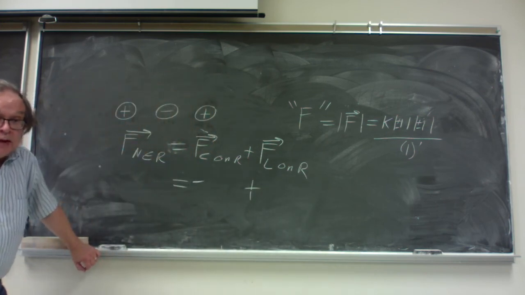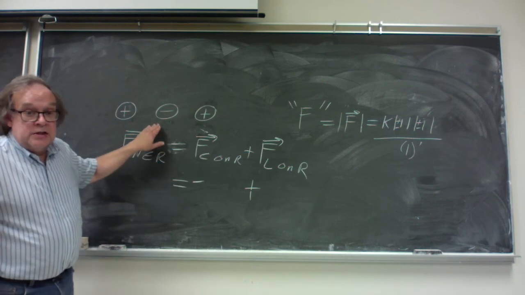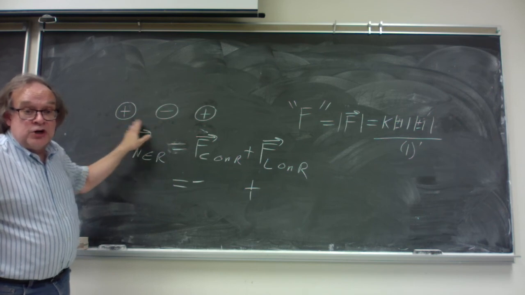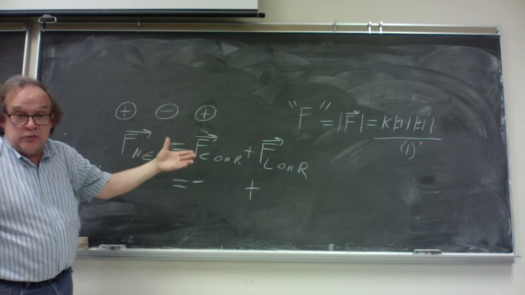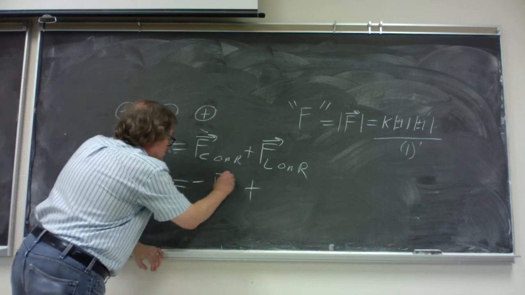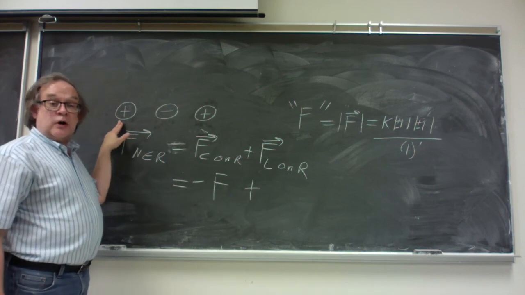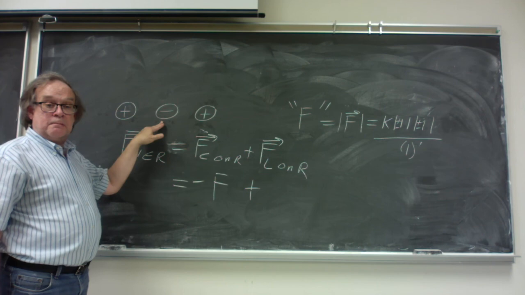And now what about magnitudes? Just like in the previous case, this is 1 unit of charge acting on 1 unit of charge 1 step away. That's the amount of force that we call F. And then this is twice as far away from the right-hand charge as this one was.